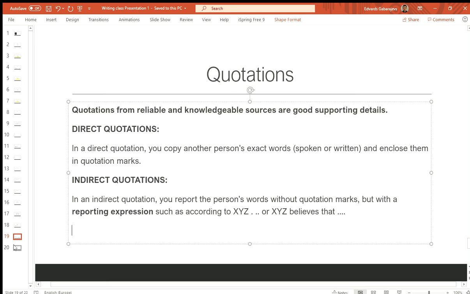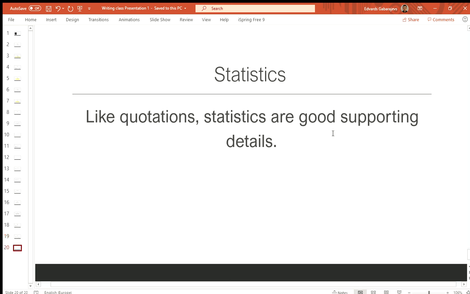And another thing we can use for support, right? Statistics. Like quotations, statistics are good supporting details. There's not much to say, and the handout doesn't go into much detail about statistics, but it's pretty self-explanatory, right? Statistics are based on surveys and data, and also we definitely need to check where they come from.